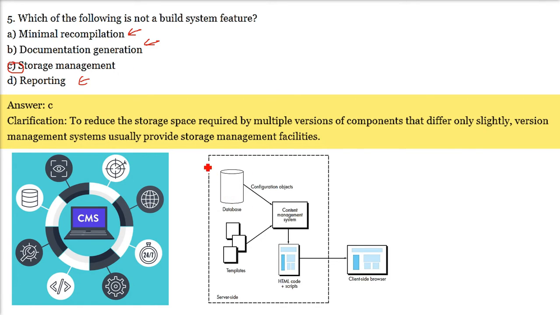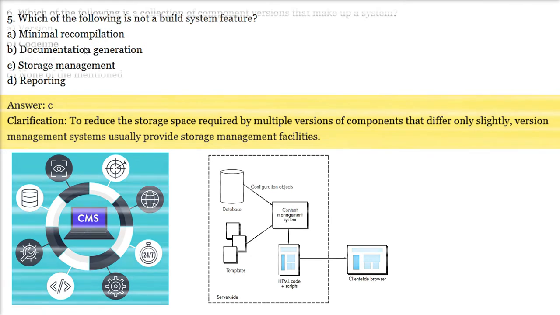These all, minimal recompilation, generation, reporting, are generating factors. But we are talking about storage management. This is already there. It's not generating anything. We have to reduce the storage space required by multiple versions of components that differ only slightly.